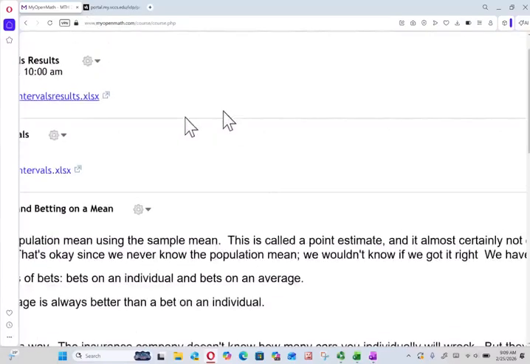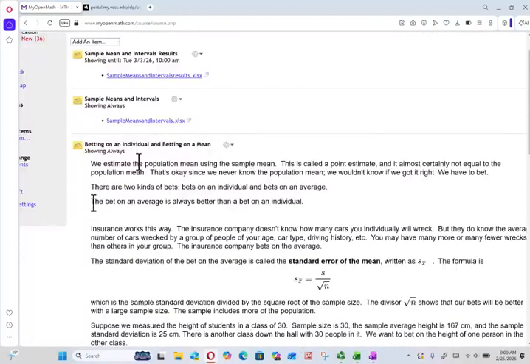Right, in MyOpenMath, there's a file, sample mean and intervals. So go to MyOpenMath, and we want to download that file.